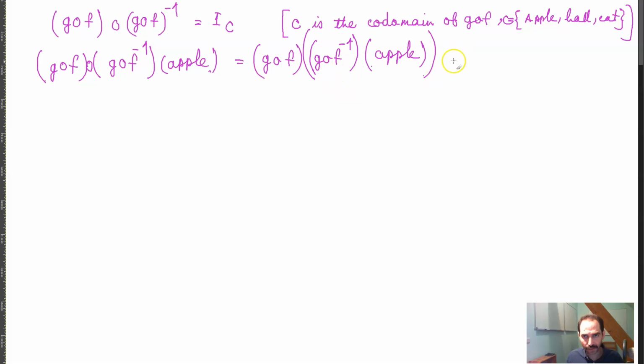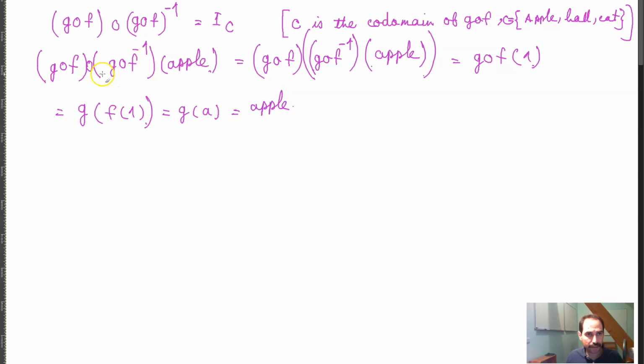So that is GOF of 1, which is the same thing as G of f of 1. Now, I'm assuming that you have access to the page that we were writing before this page, so you can follow me on everything that I'm writing here. Now f of 1 is equal to a, so that is G of a. And G of a is equal to apple.